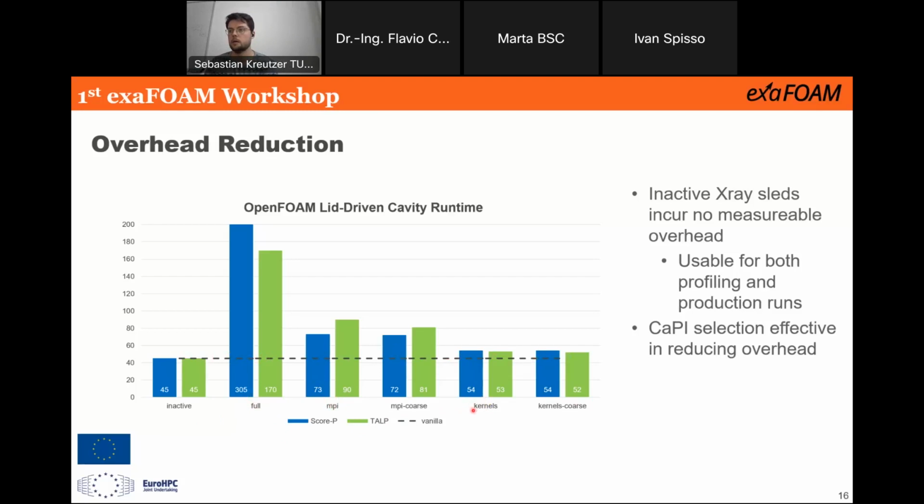Kernels is also part of what was shown earlier, so detecting functions with loops in them, for example. And the coarse versions are just a variation of that. And we can see that it's quite effective to reduce the overhead. Of course, you can always take more stuff out and then have less data. But we found that in these cases, the information that was there was the important information.